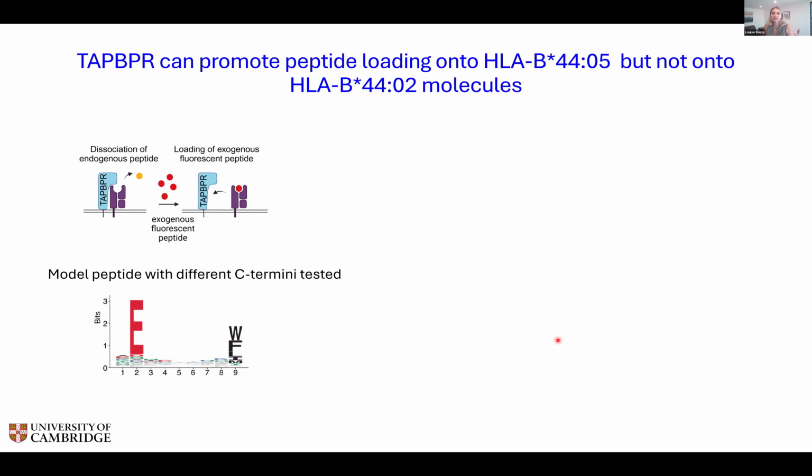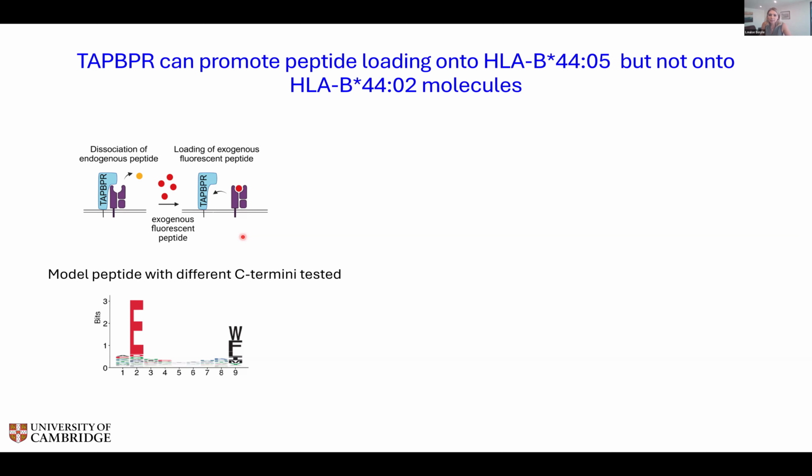So finally, we wanted to validate the ability of TAPBPR to load peptides with various C-termini onto both B4402 and B4405, using flow-based assays that we developed in which we overexpress TAPBPR in a cell, which brings up peptide receptive class 1 molecules to the plasma membrane, and then we can incubate these cells with fluorescent peptides and ask whether TAPBPR promotes their loading.